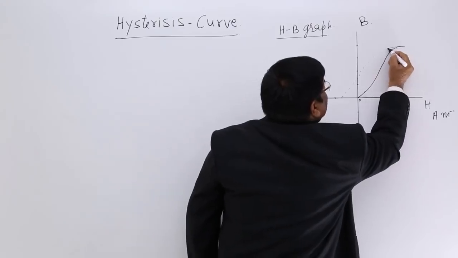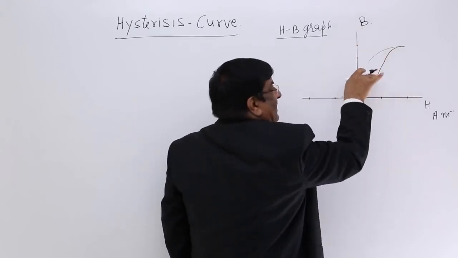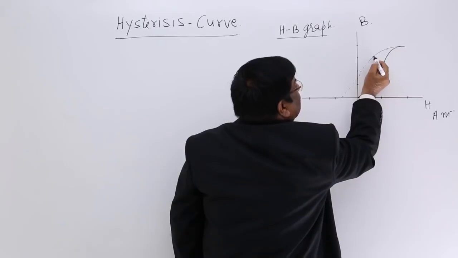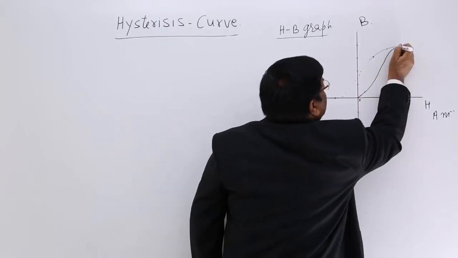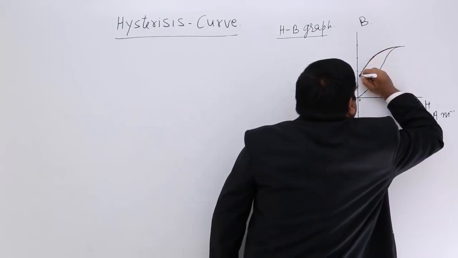So H is decreasing, B is also decreasing, coming down. When H is this much, B is this much. So we make a graph this way.